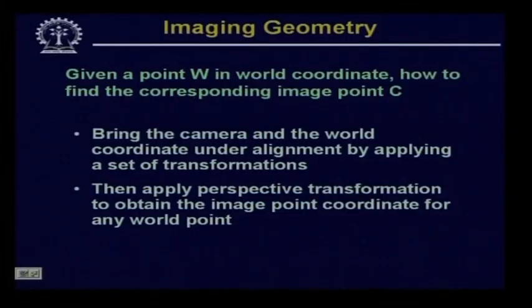So, the steps will be like this. Since our earlier formulations were very simple, in which case we assumed that both the camera coordinate system and the 3D world coordinate system are perfectly aligned, in this generalized situation we will also try to find a set of transformations which, if applied one after another, will bring the camera coordinate system and the world coordinate system into perfect alignment.